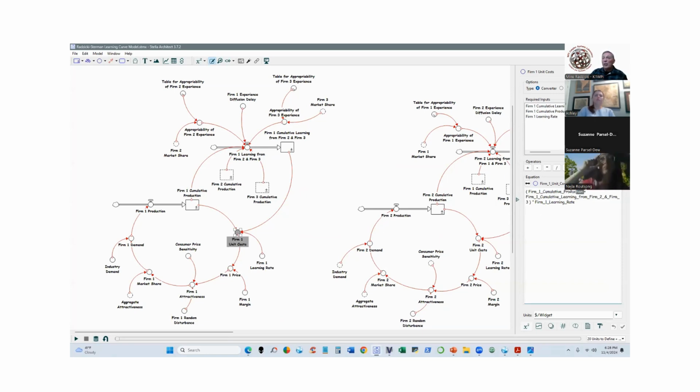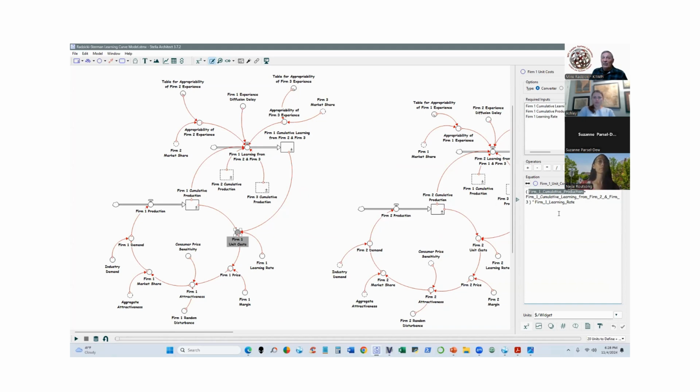It's not just the experience from the cumulative production, but the firm can also learn by appropriating learning from its competitors. So you can hire their employees and learn how your competitor's doing it. You can buy their product and reverse engineer it and see if there's any clever things that they're doing.